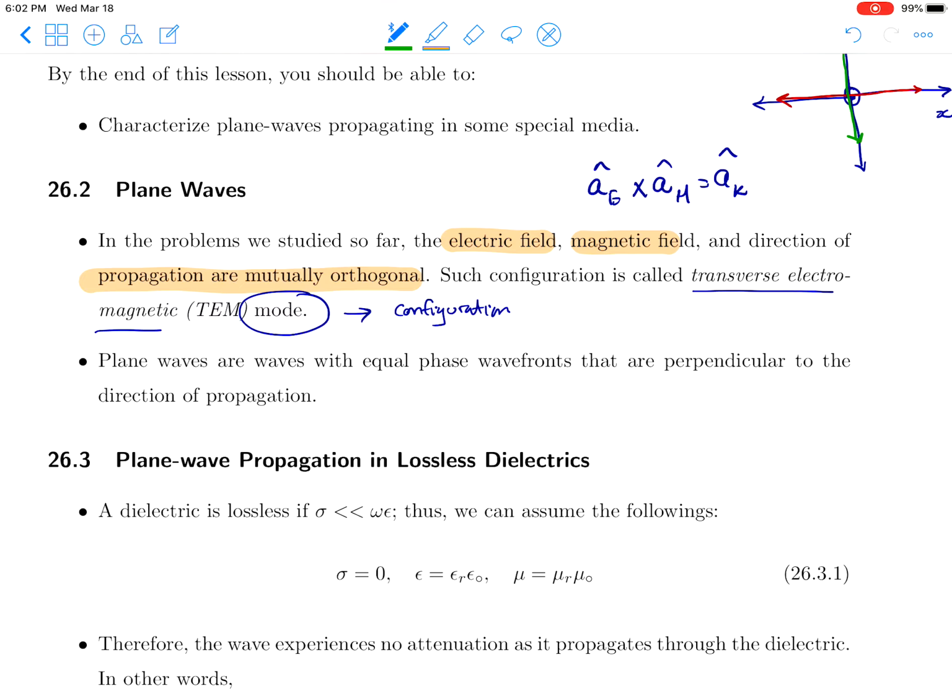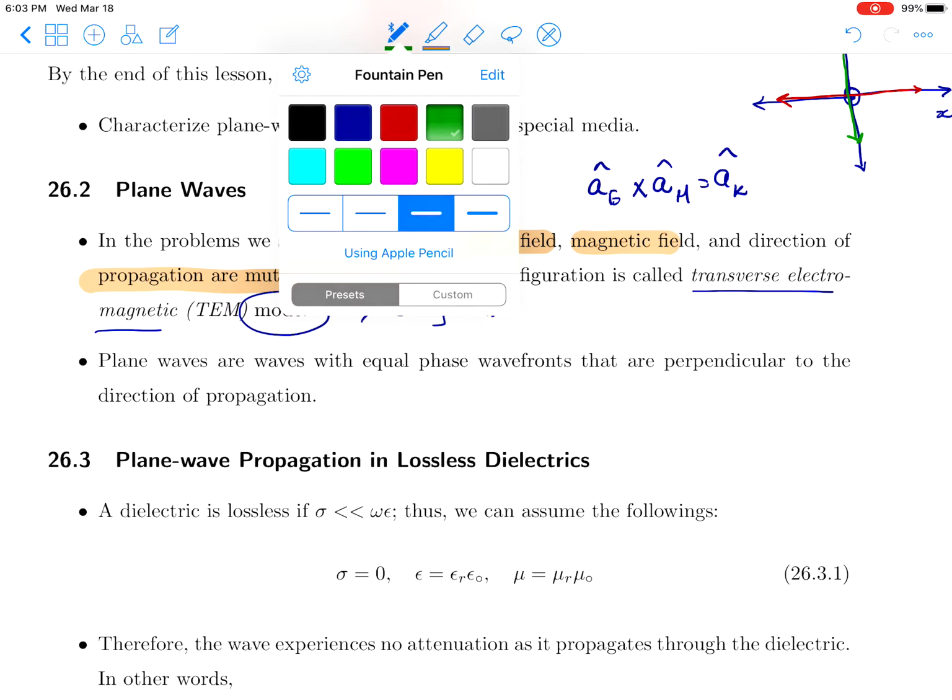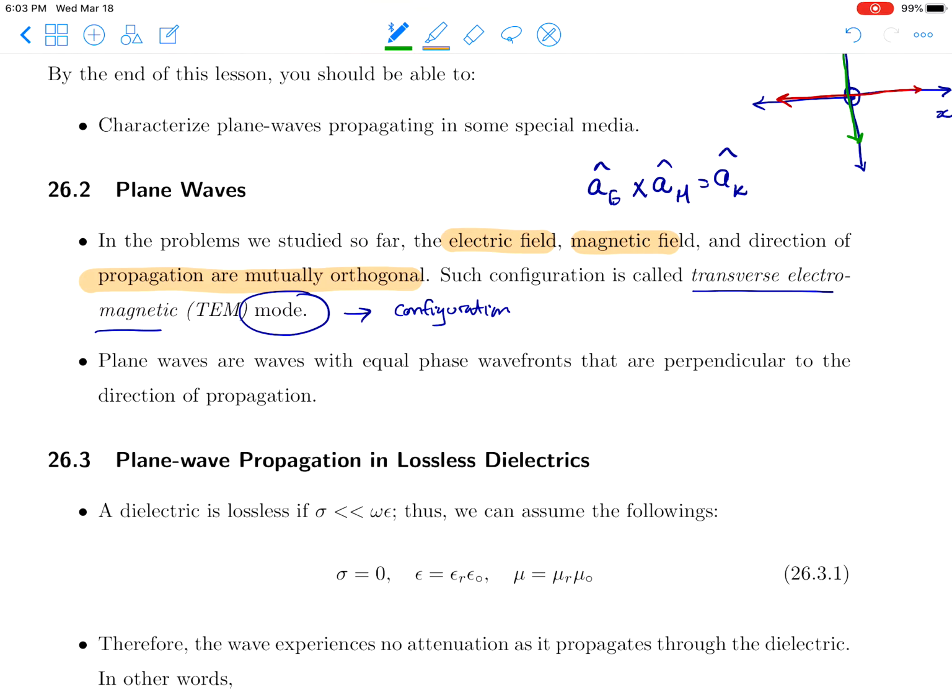In order to characterize plane waves, those waves have equal phase wave fronts, and that wave front is perpendicular to the direction of propagation. Let me draw it here.